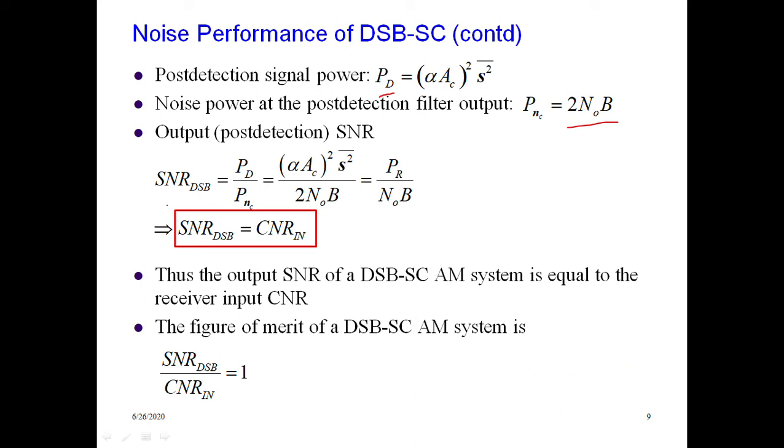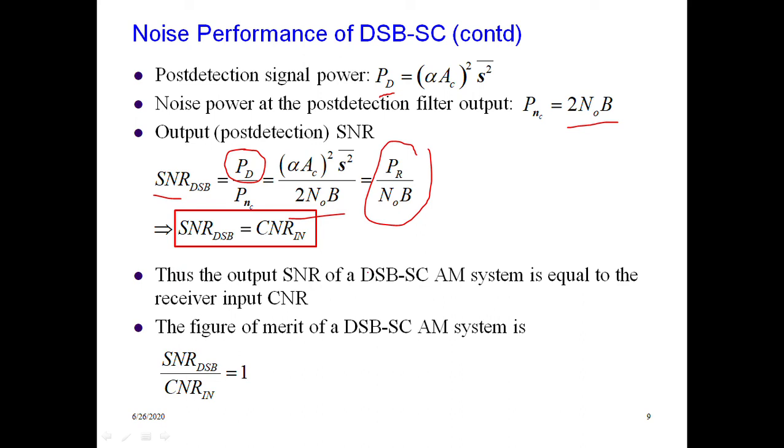The signal to noise ratio can be calculated by measuring the power at the detection or post detection, which is alpha AC squared S squared bar divided by 2 and not B, which is the noise at the post detection filter where we have to consider two sides. So it's actually equivalent to PR, the received power, divided by N not B. So there are PD and PR, the detection and also the received power.